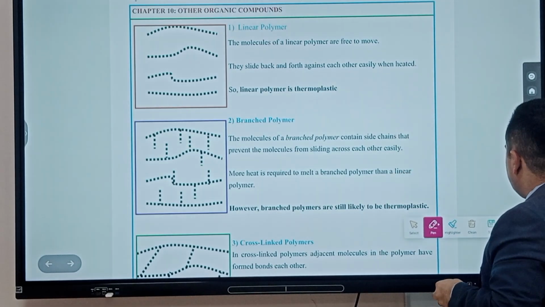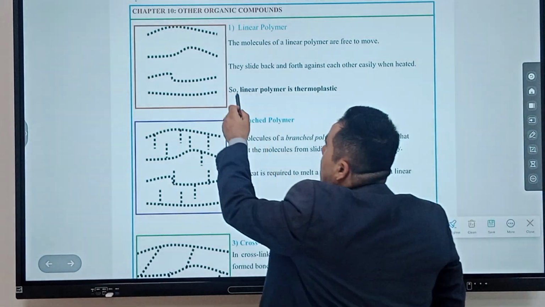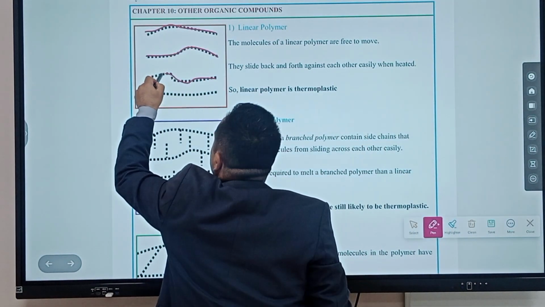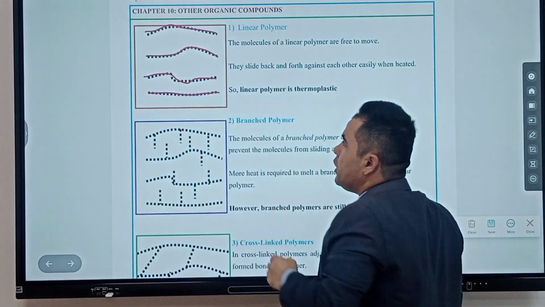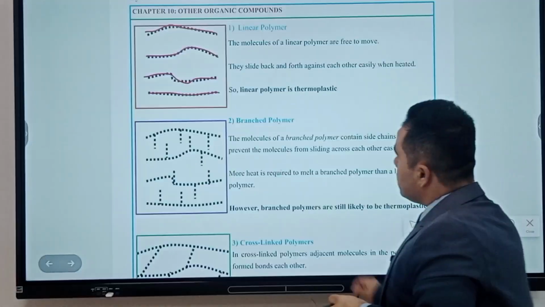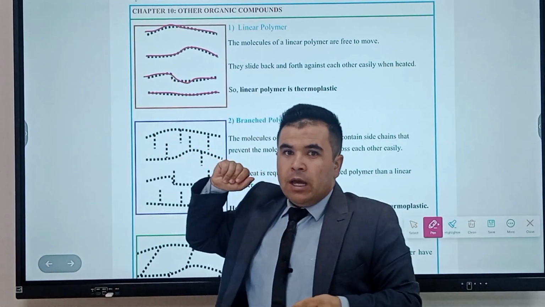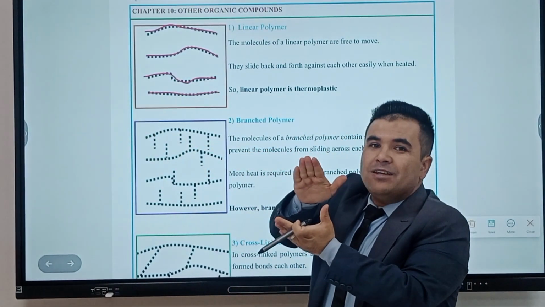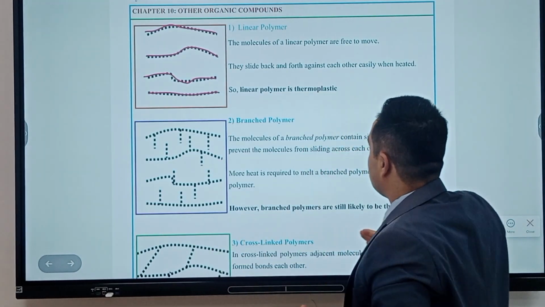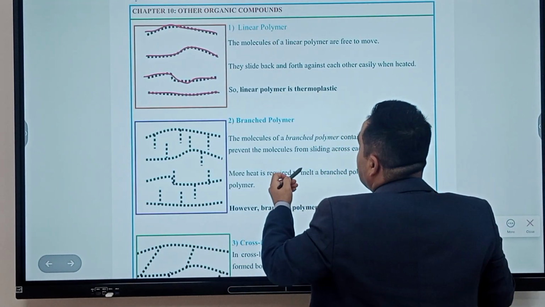Guys, the linear polymer, as the figure represents, has linear chains, a continuous chain of hydrocarbon monomers. They form a polymer, but there is no bonding between the layers, between the lines.